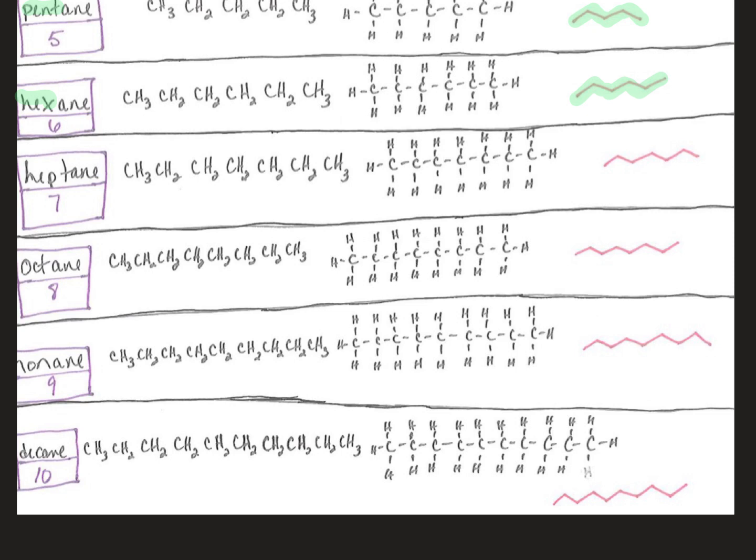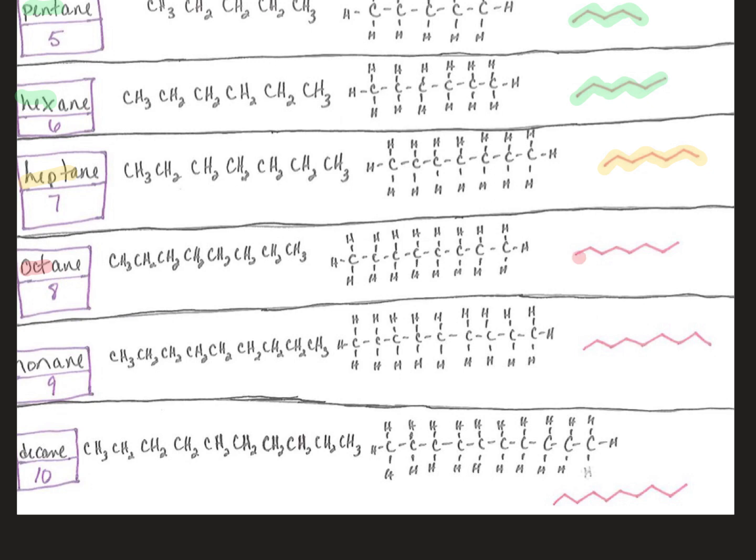Next we have heptane. That's 7 carbons. 1, 2, 3, 4, 5, 6, 7. You may be familiar with an octagon, so that would be oct is 8.